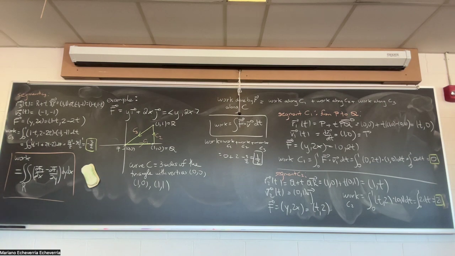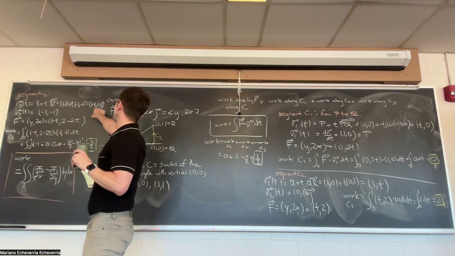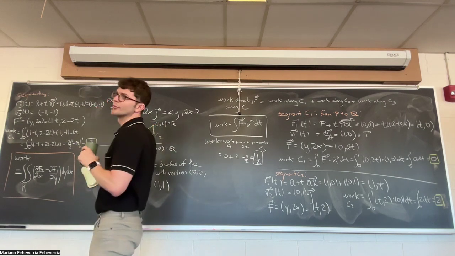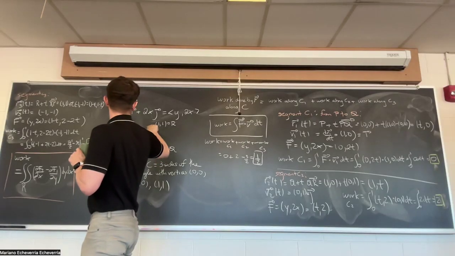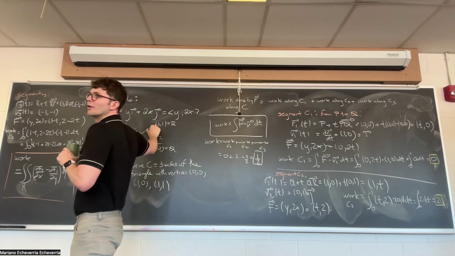Could you explain the bounds for segment 3, 0 and 1? Oh, for the time, you mean? Yeah, why you equate it to that? Right. So you have to think which values of t you have to plug in to get the initial and final points. If you put t equals 0, you start at 1, 1.